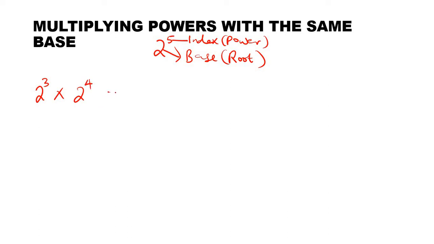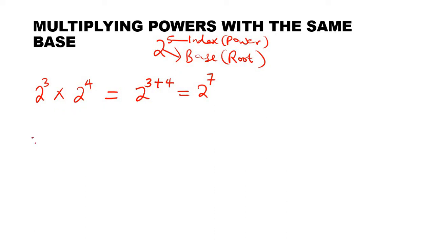Okay, the easiest way to go about this is just take the base, since they're having the same base, 2, and add the powers. So I have 3 plus 4, and that gives me 2 raised to the power 7. So when you are multiplying powers of the same base, just take the base and add the powers.